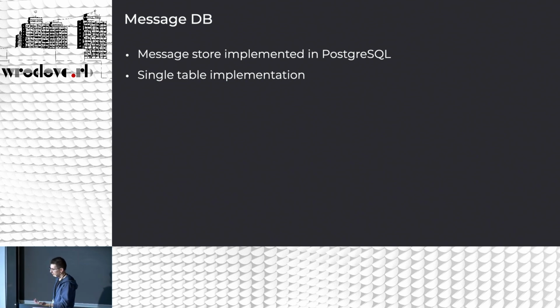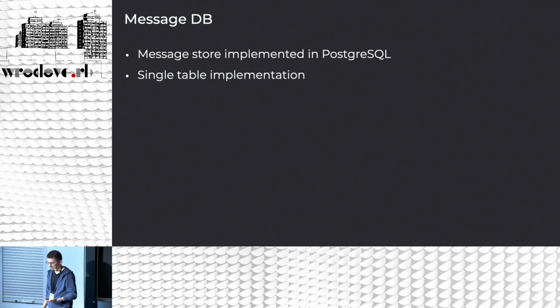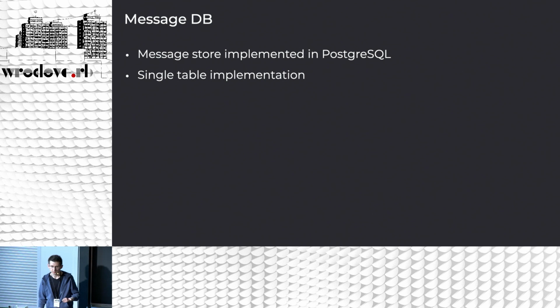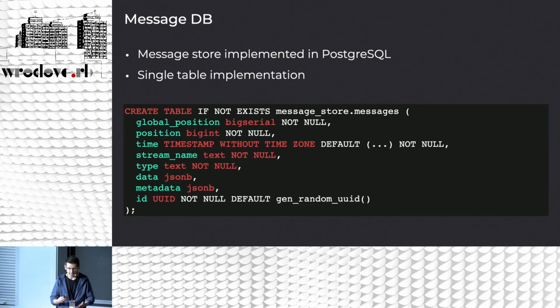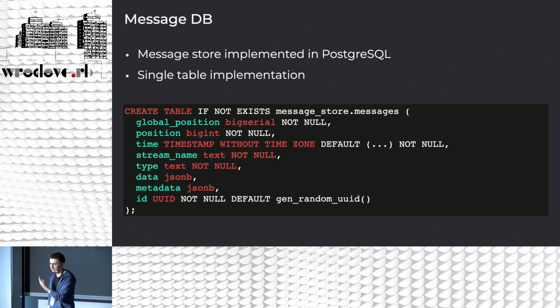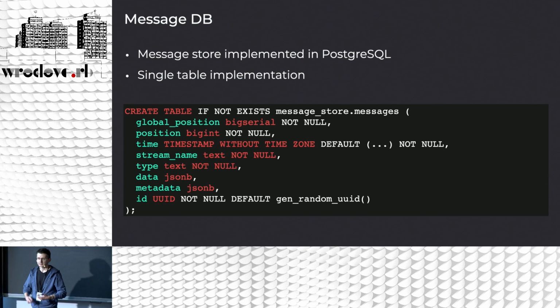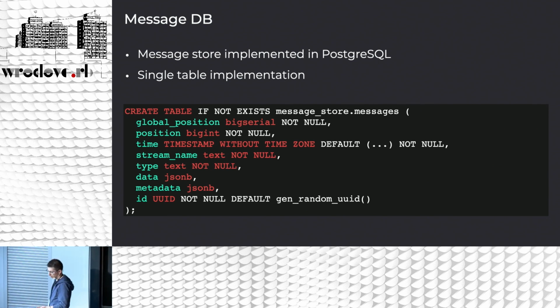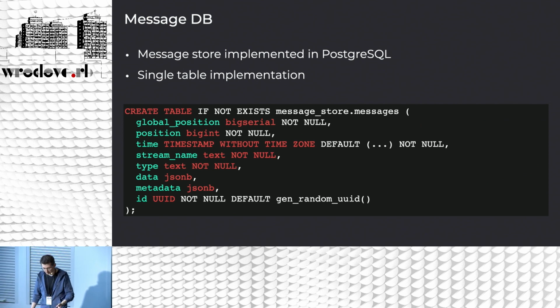You can install MessageDB over it, and it's a single table implementation, so it's not complicated. Of course, there is a lot of other database stuff inside. I won't get into that. But there is only one table, and it contains all the messages. Let's quickly go over what's inside so you have a general idea.